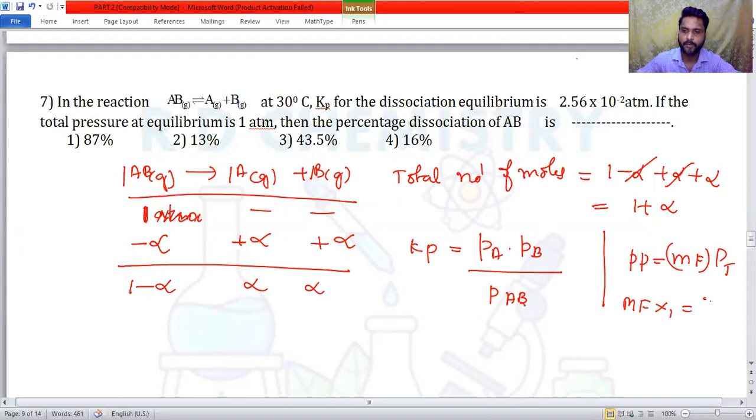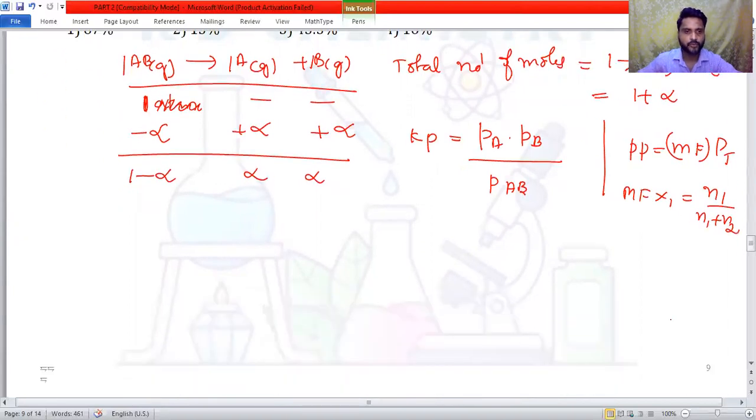It is equal to number of moles of the given component divided by total number of moles. Okay, I have taken two components here, right? So Kp expression is equal to partial pressure of A, number of moles of A, alpha, divided by total number of moles, 1 plus alpha, into the total pressure, let it be P.